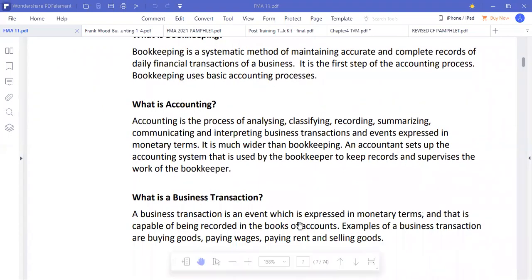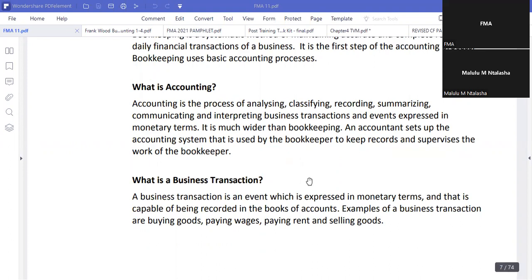Accounting has been defined by different scholars, but we can define accounting as simply the process of analyzing, classifying, recording, summarizing, communicating, and interpreting business transactions and events. These are usually expressed in monetary terms. So as accountants, we always use a monetary term whenever we're describing assets and liabilities.